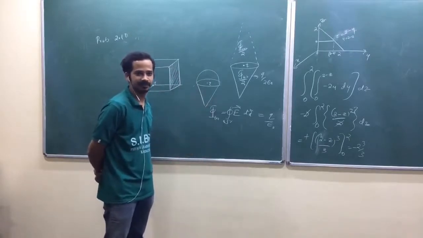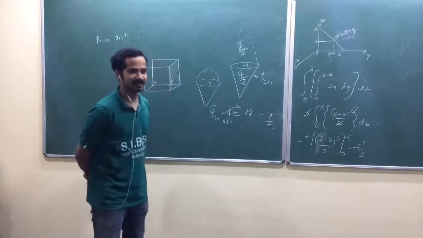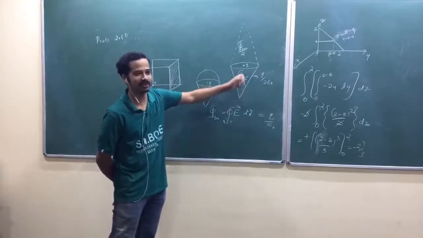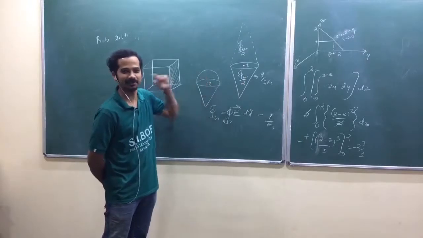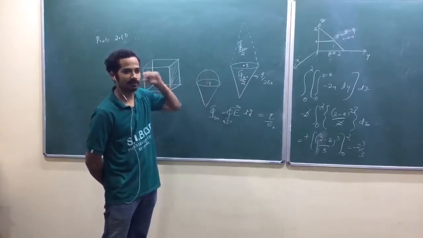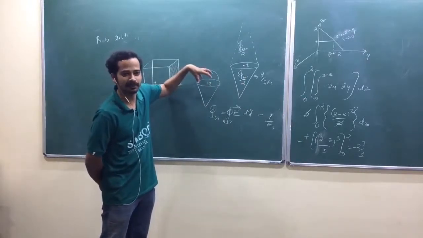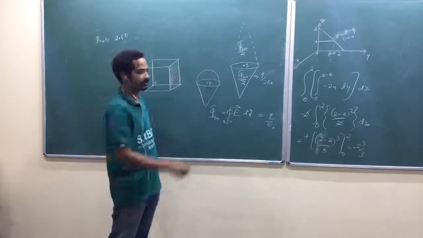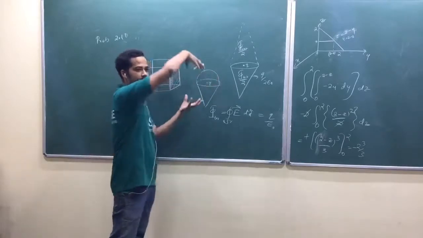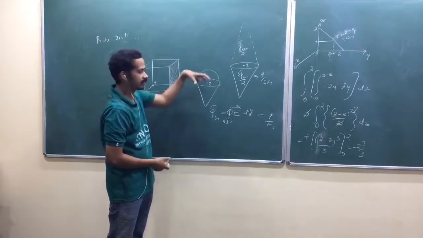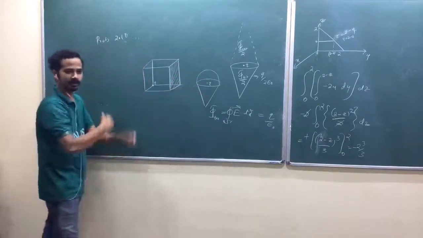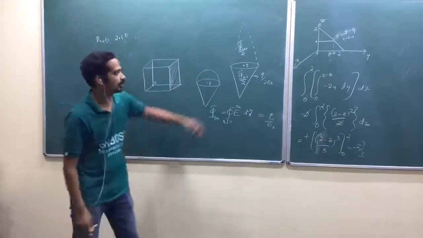Start with this one: if it shares half, this should share half. Are you getting my point? But you will not feel comfortable, you will not have confidence to say that this bowl will share the same flux as this cone, because that's not symmetry. That's why you have to take it like this.